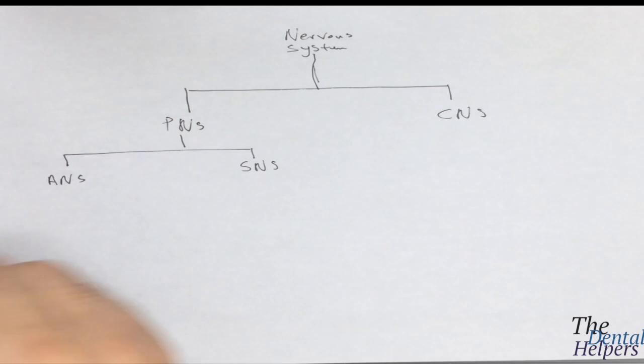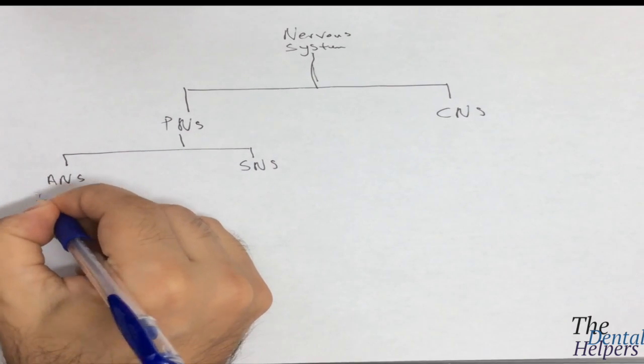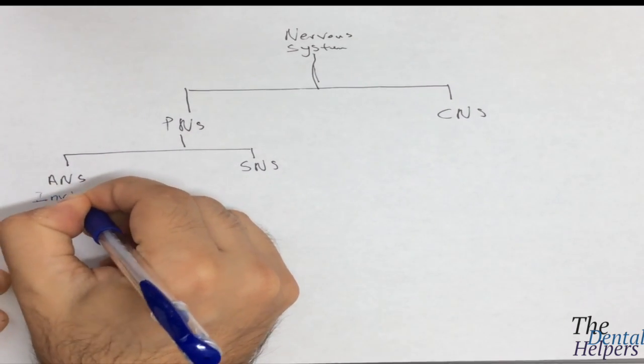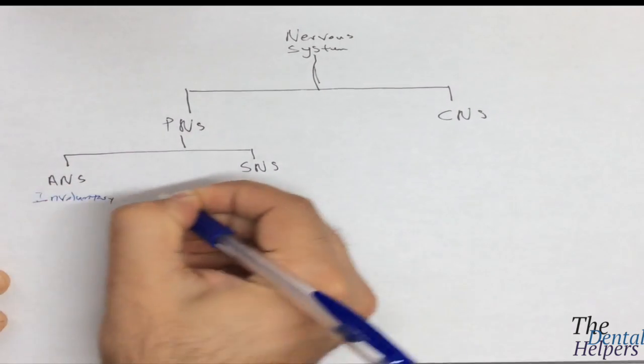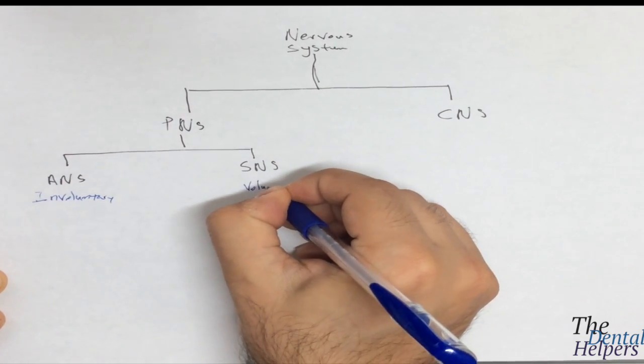And really the autonomic nervous system is our involuntary nervous system, while our somatic nervous system is the voluntary nervous system.